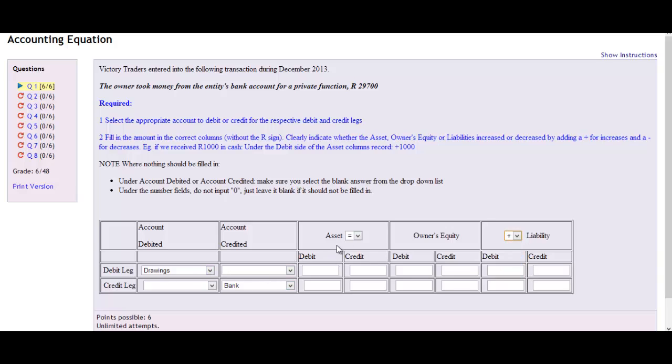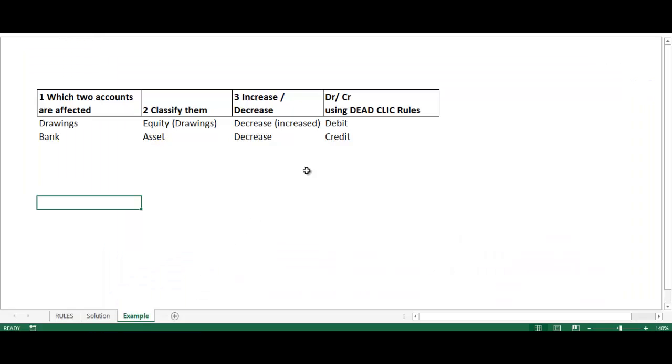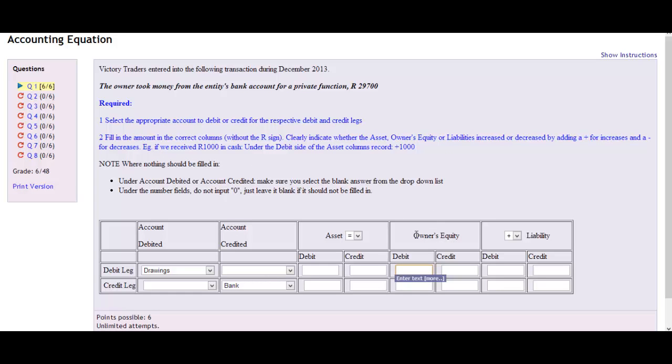Then drawings, does it fall under assets, owner's equity, or liability? It falls under owner's equity. It's going to be a debit. Owner's equity decreased. If we go back to your questions, owner's equity decreased. Even though drawings increased, remember the accounting equation just looks at owner's equity. So if drawings increase, owner's equity is going to go down, minus 29,700 to show that owner's equity decreased.